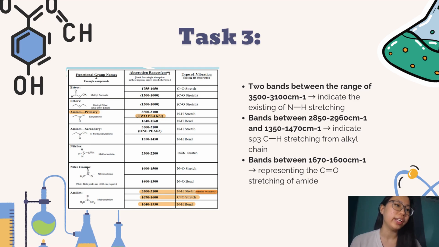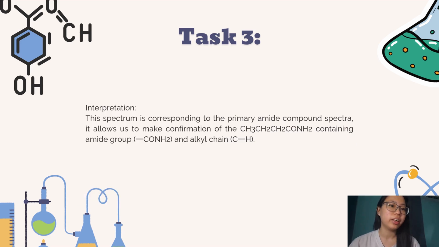Another thing we should take note of is that amide has an NH stretching band similar to a primary amine, which has two bands between 3500 to 3100 per cm. This spectrum corresponds to a primary amide compound spectrum, and it also allows us to confirm that the given chemical compound contains an amide group and alkyl chain.